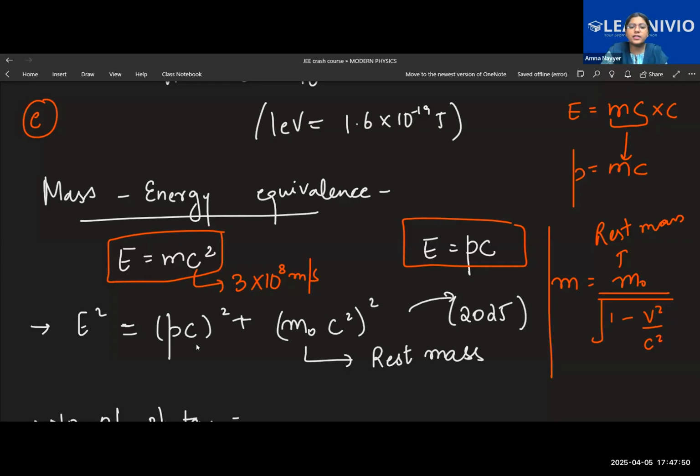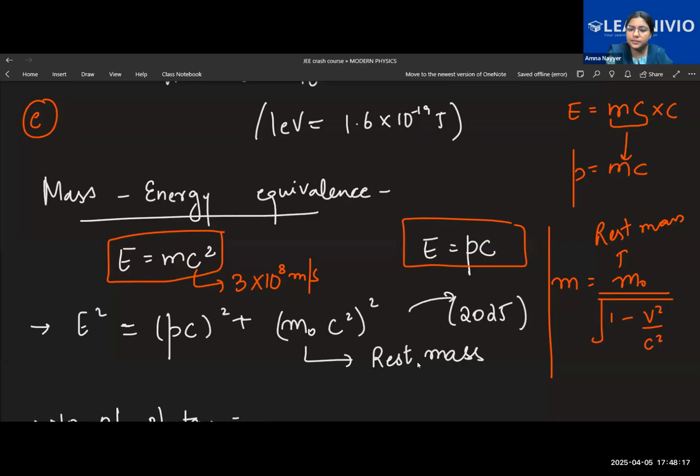So E square is equal to PC whole square plus M naught C square whole square. You add the energy of the particle, whether photon, electron, or whatever particle is given, with the rest mass energy, where the mass is the rest mass. This equation has come directly as it is in this year's paper.